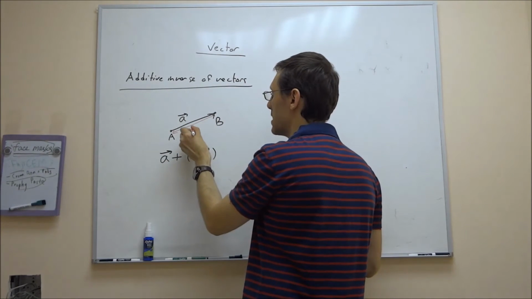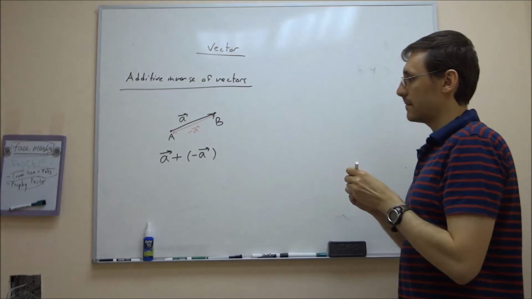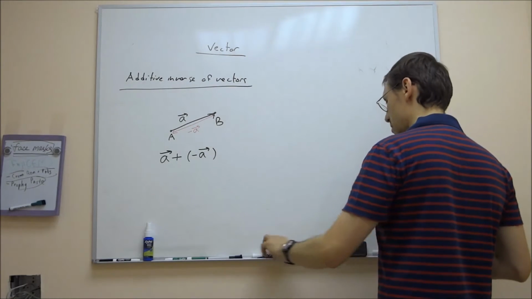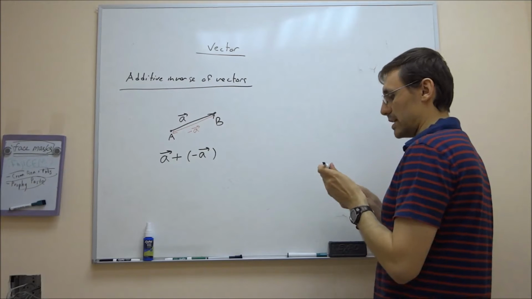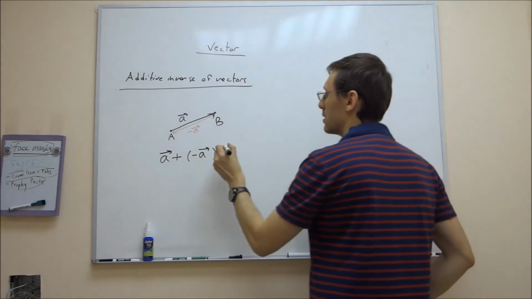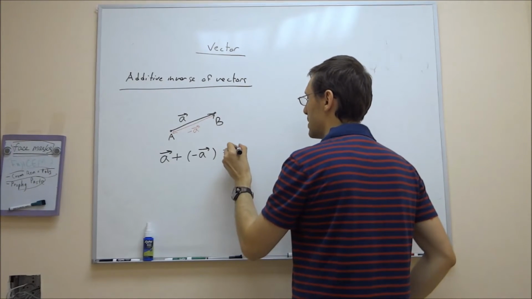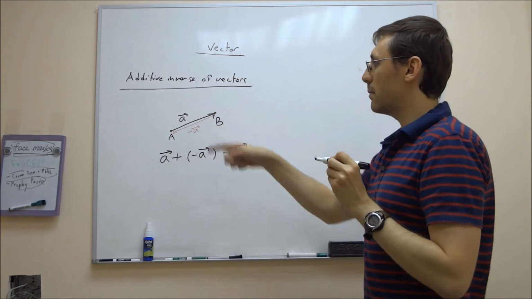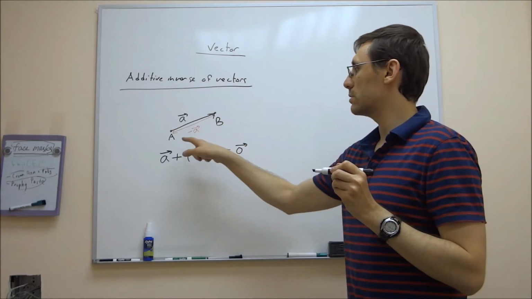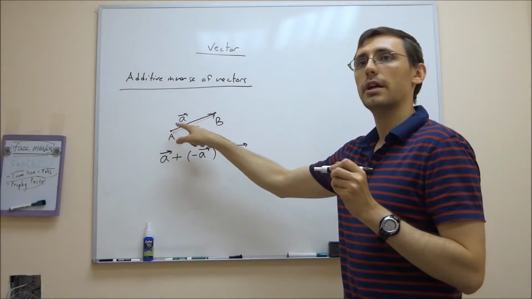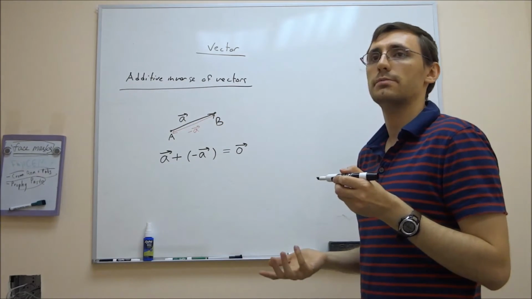So that's my minus A here. A plus minus A gives me displacement of 0, because the net motion is not moving anywhere at all. The net displacement is that I start at A and end at A, therefore I have not displaced.